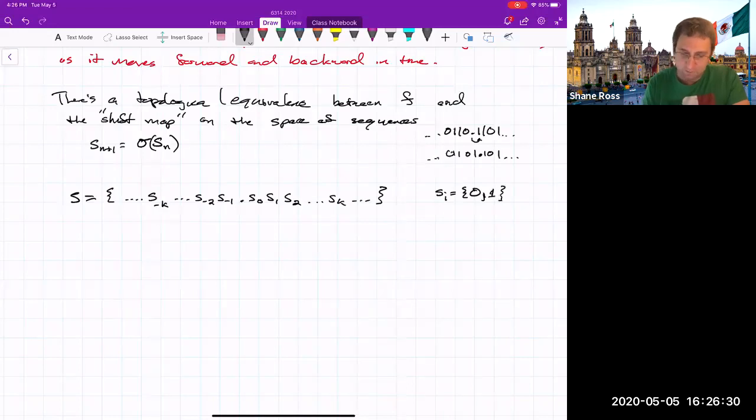We're just writing down an infinite sequence. Let's say I have another sequence, I'll call it S bar. So this is S bar_-K, S bar_-2, S bar_1, S bar_2, S bar_K.